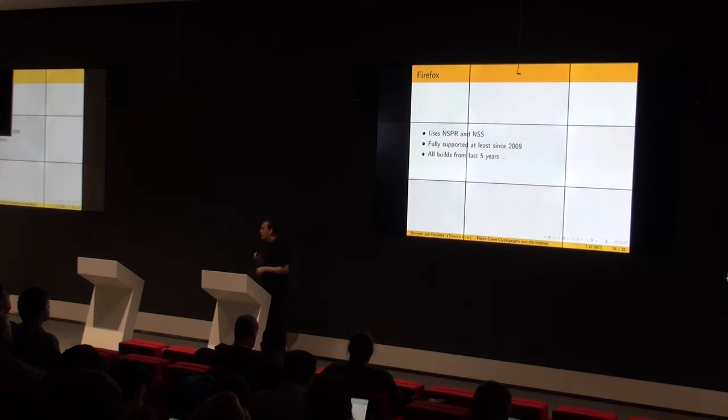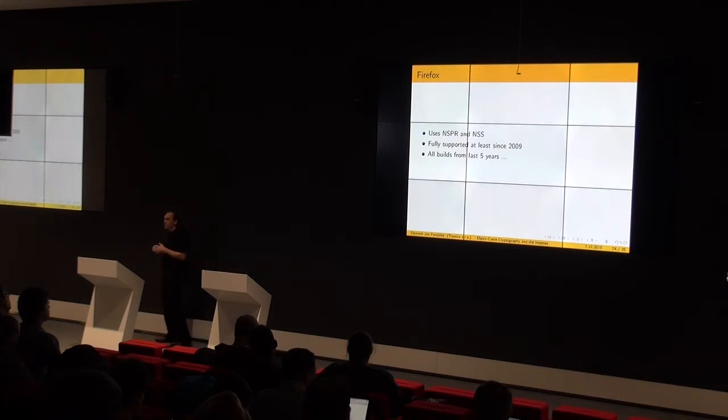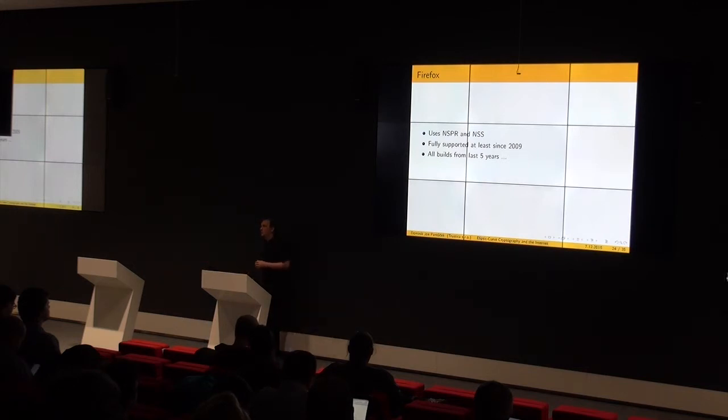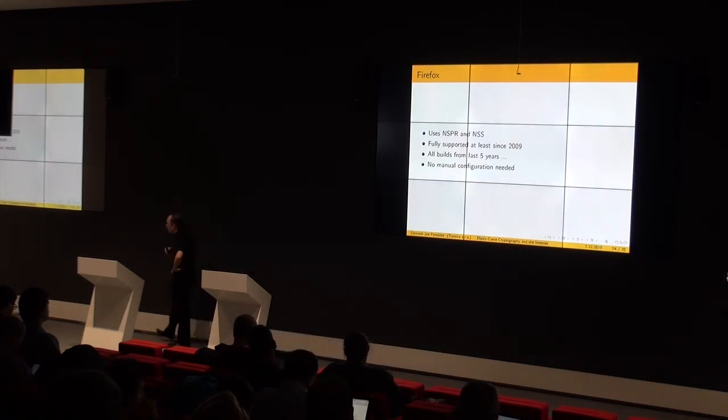But all builds from at least the last 5 years fully support elliptic-curve cryptography for both key exchange and peer authentication. So that's cool. We got at least 4 web servers, and there you go, 1 web browser which can actually connect to them. The good thing is there's no manual configuration needed on the client side. Everything is configured on the server, and the client either connects or the connection fails.